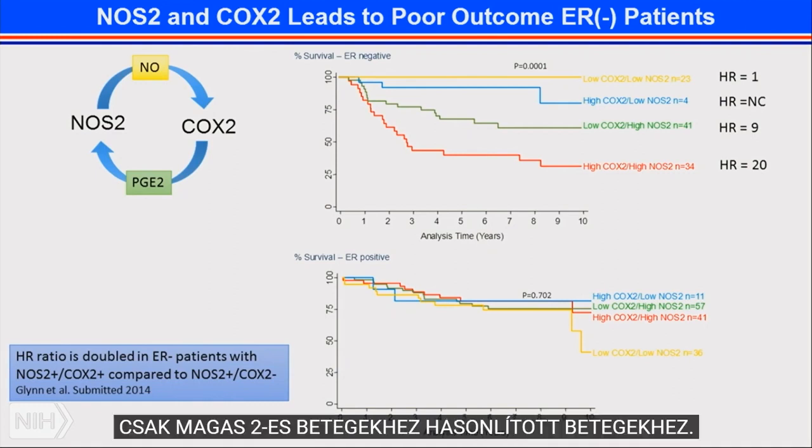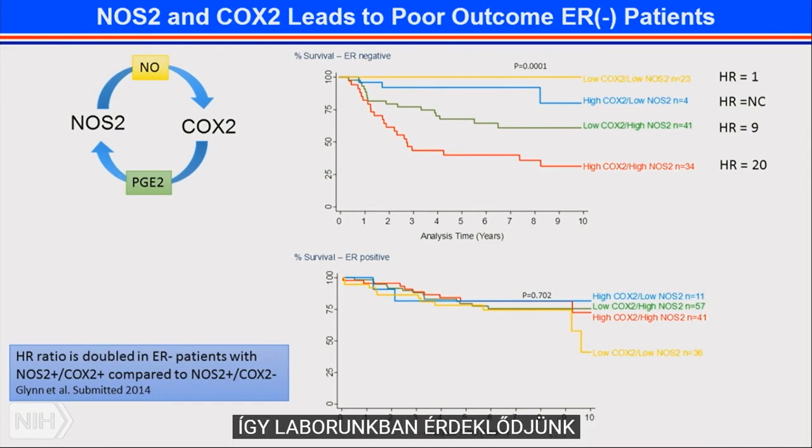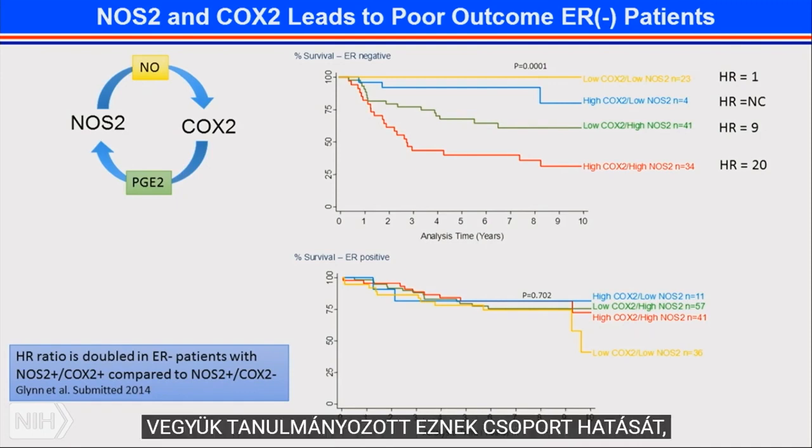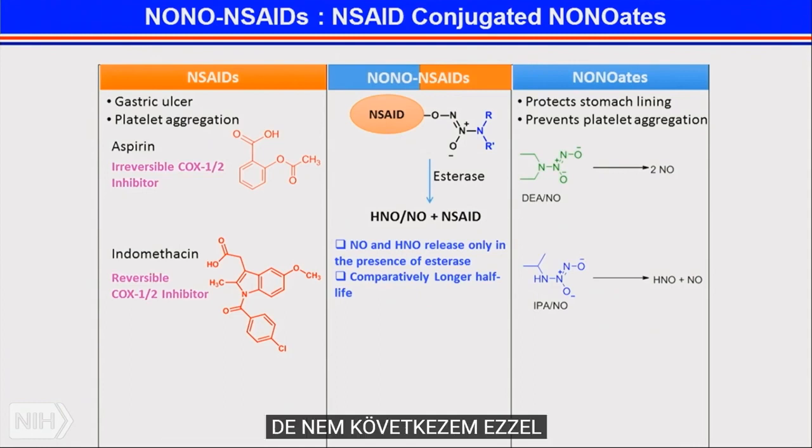In our lab, we are interested in looking at this group of patients. We have been studying the effect of this loop, but I am not going to go much into that today. I'm going to talk about some of the molecules which we have synthesized in our lab.